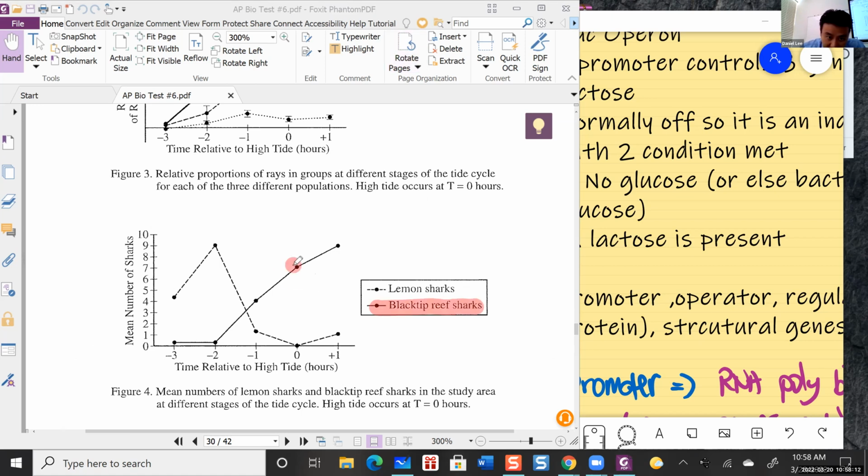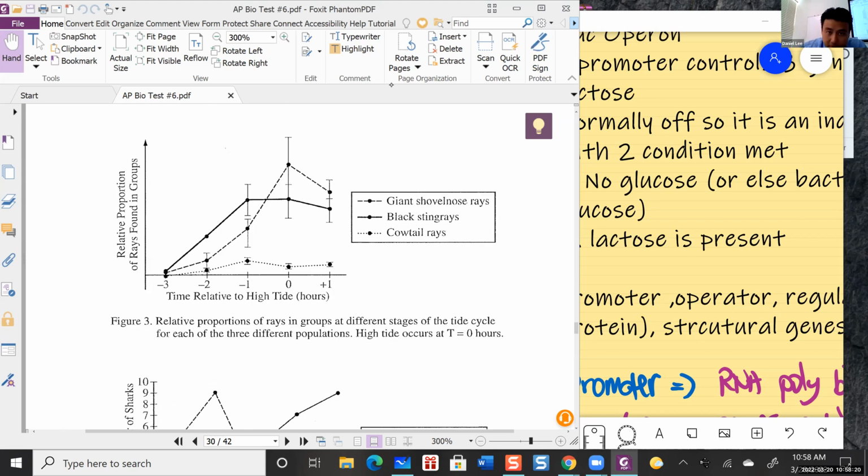When it's high tide. Reef sharks hunt during the high tide, so keep that in mind, and let's look at the giant nose. Giant nose is right here. They're around at high tide. So giant nose are around at high tide, and reef sharks hunt at high tide. They both show up around high tide. So we don't know why.